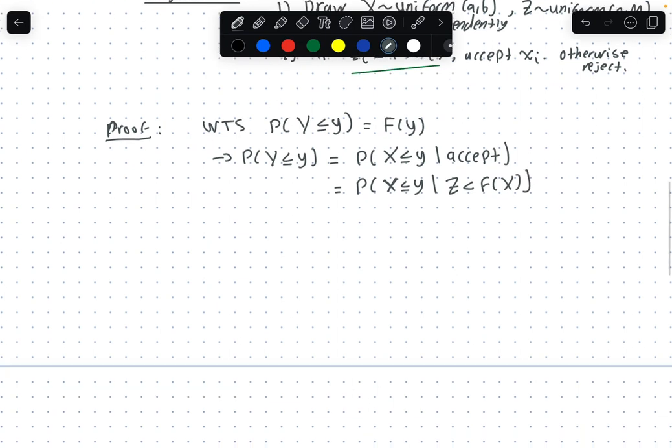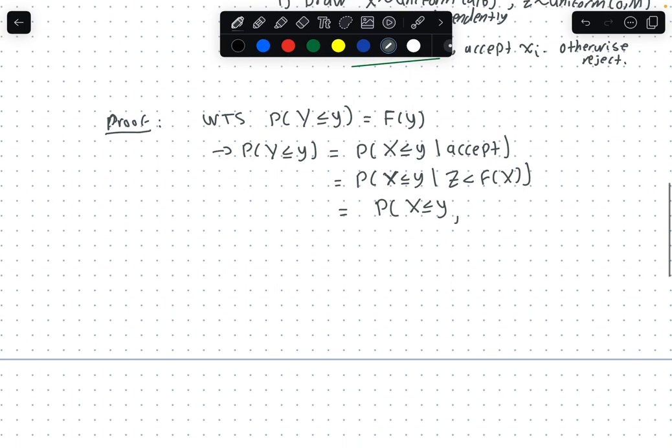And if we use the basic rules of conditional probability, this is going to be the probability that x is less than or equal to little y and z is less than f of x, divided by the probability that z is less than f of x.